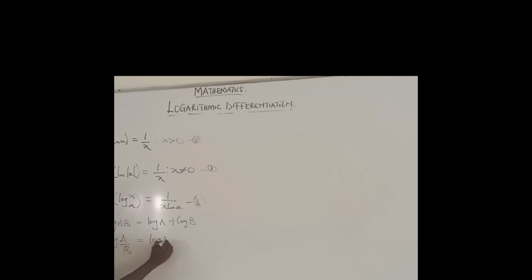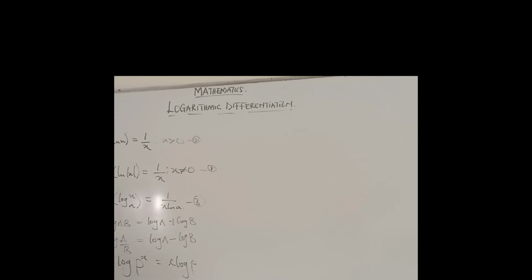That will be log A minus log B. Is that clear? And the last one, logarithm to its base. When you have log b raised to power s, that will be s into log b. Please take note of this basic rule.